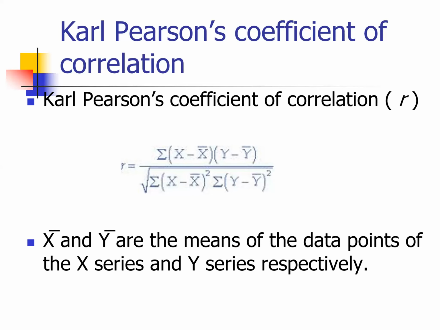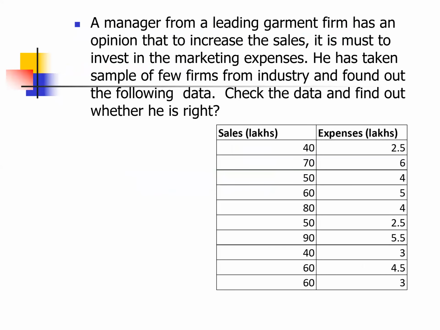Now let's understand this with the help of an example. A manager from a garment firm has an opinion that in order to increase the sales, he must invest in marketing expenses. He has taken a sample of a few firms from the industry and found the following data.